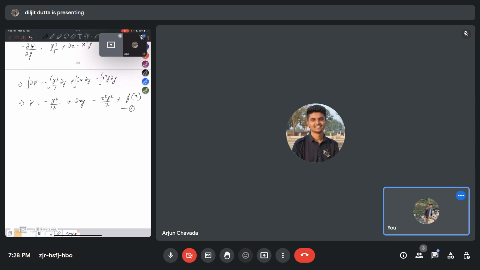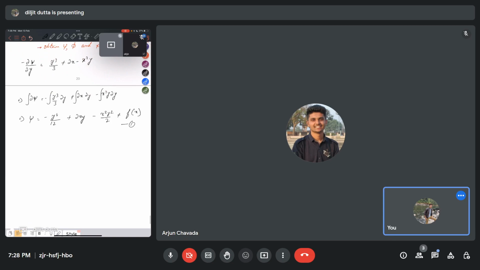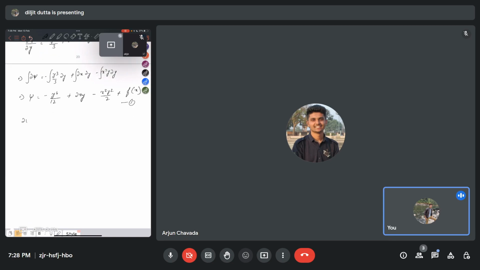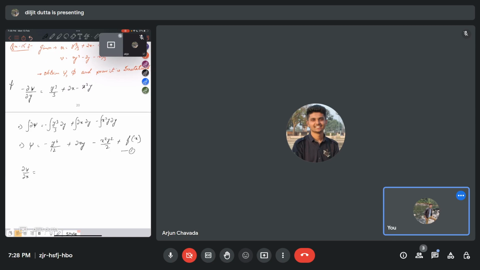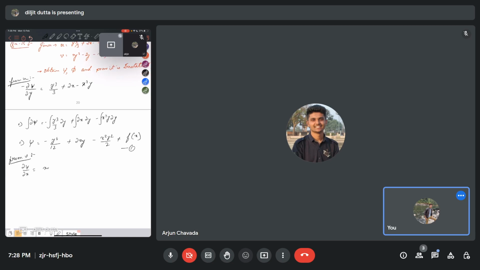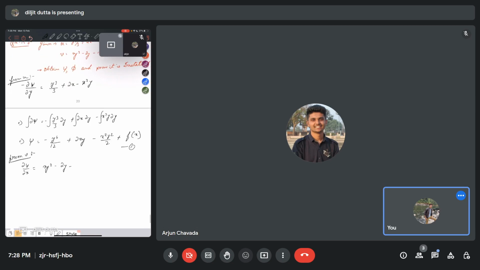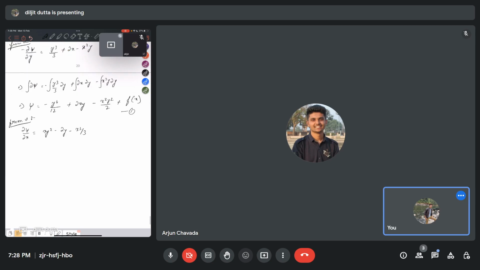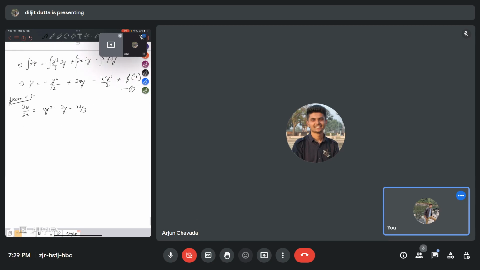This is one. And secondly, if we take v, del psi by del x equals the given expression with minus x cube by 3.